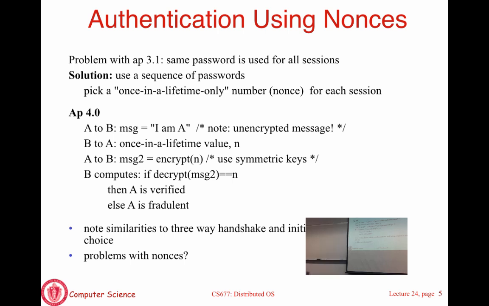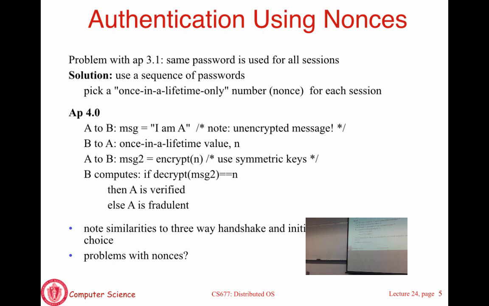Now in this case, if an intruder intercepts the encrypted version and later on tries to replay the steps, claiming to be Alice, Bob is going to send a new nonce at that point. That nonce is not going to match the old one. So representing the encrypted version of the old nonce is not going to help you authenticate anymore.